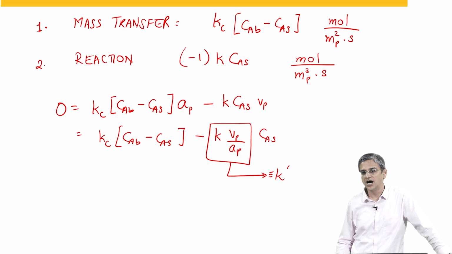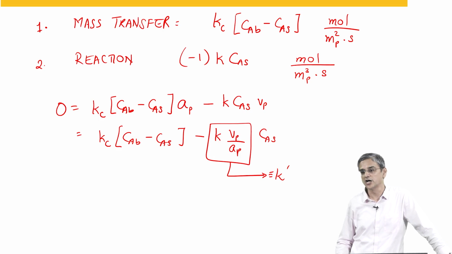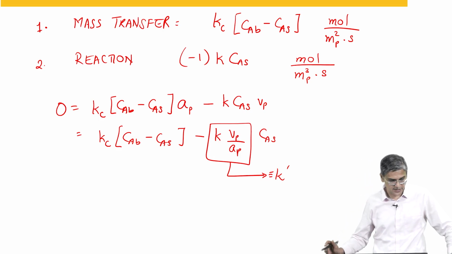R double dash multiplied by rho is nothing but R. R dash multiplied by area divided by volume is nothing but R. Those are the relations, and that's something that I had mentioned right in the beginning.